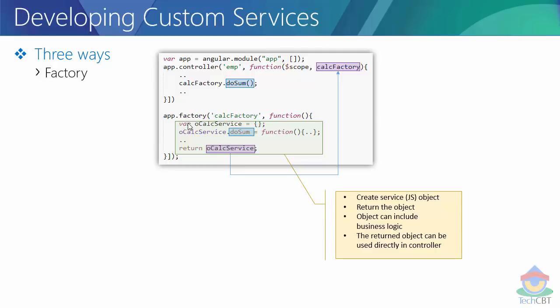So factory in this case is like a pattern which creates a service object, associates that object with all the members, which includes the business logic and so on, and finally returns that object back to the controller. So this is one way of developing a service, and any of those members can communicate with your HTTP services or REST services. Hopefully we are familiar with factory here.